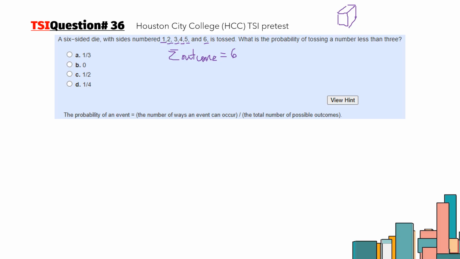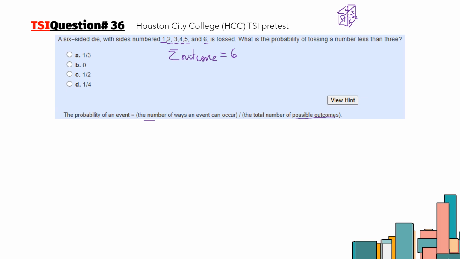Each side will be labeled 1, 2, 3, 4, 5, 6, and whenever the top one is counted, there can be 1, 2, 3, 4, 5, 6. So that is 6 possible outcomes.